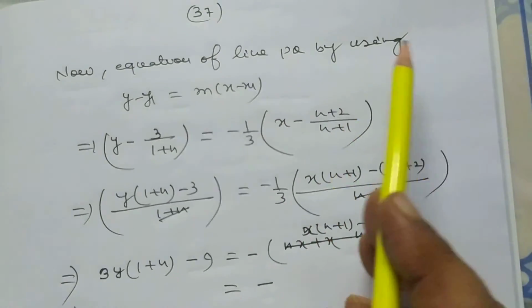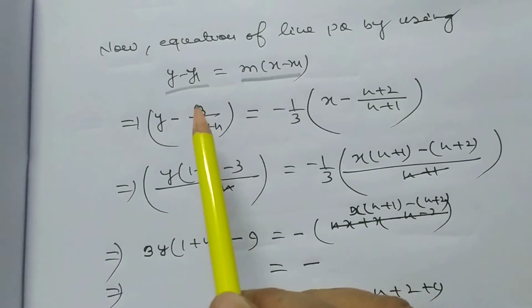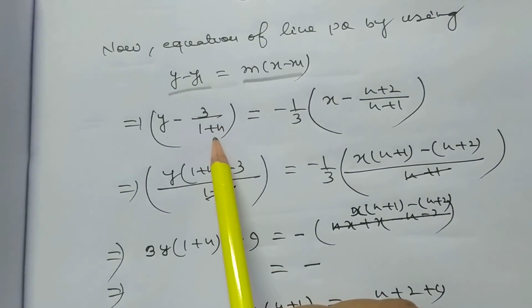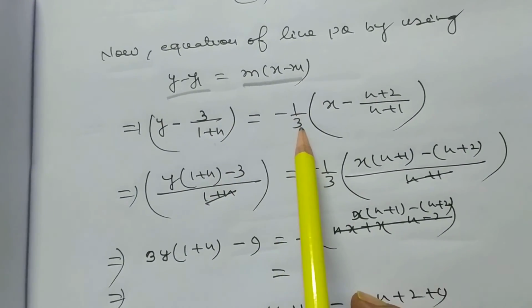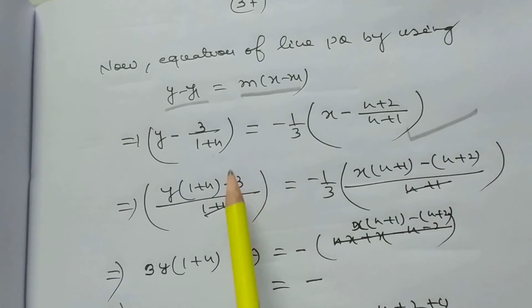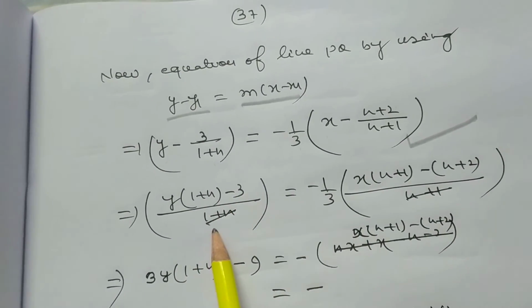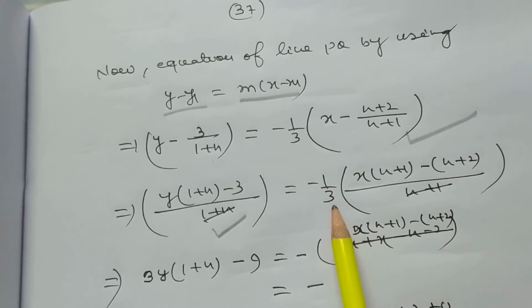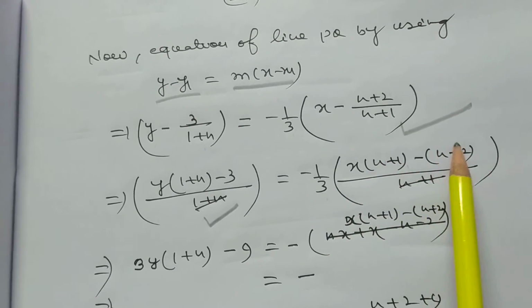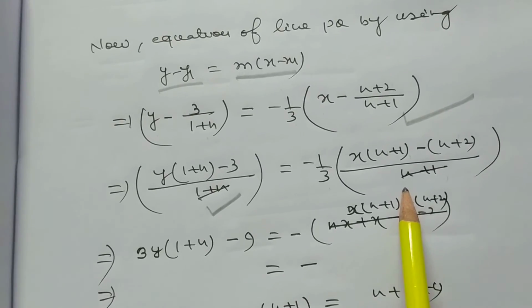So my dear student, now the equation of the line by using y minus y1 is equal to m into (x minus x1) is y minus 3 by (1 plus n) is equal to minus 1 by 3 into (x minus (n plus 2) by (n plus 1)). And after solving it, we have y into (1 plus n) minus 3 over (1 plus n), equals minus 1 by 3 x into (n plus 1) minus (n plus 2) over (n plus 1).